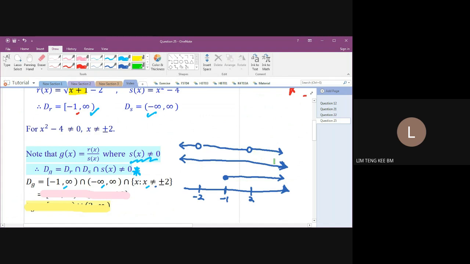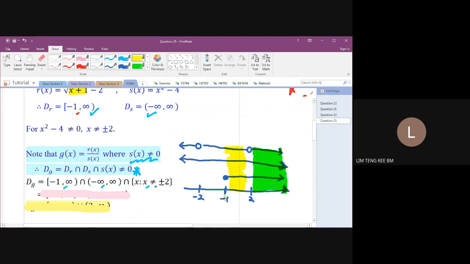For sure, the part that I highlighted in green is common to all three lines, so I have intersections. This part also.